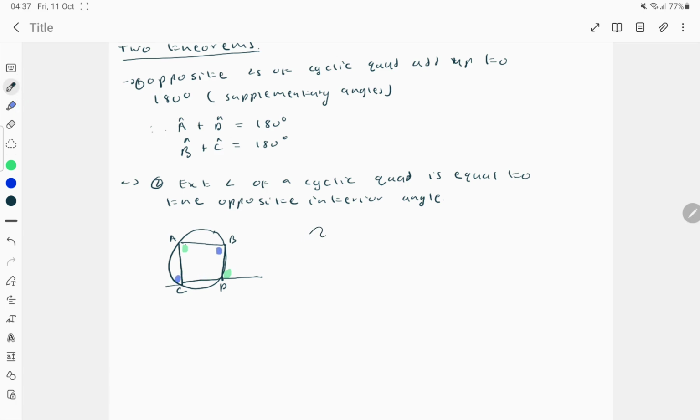So angle A would be equal to the exterior angle at D, and angle B would be equal to the exterior angle at C. And then your reason would be exterior angle of a cyclic quad.